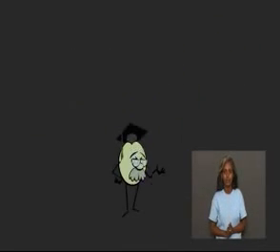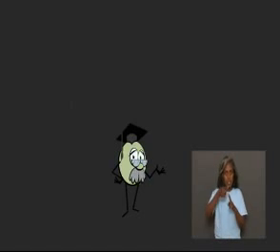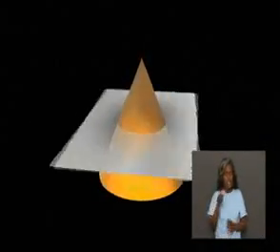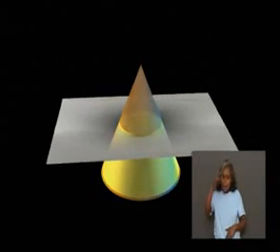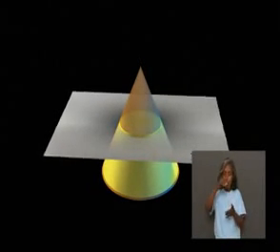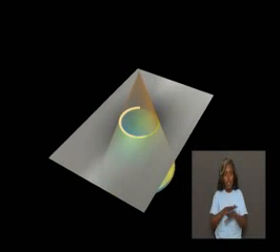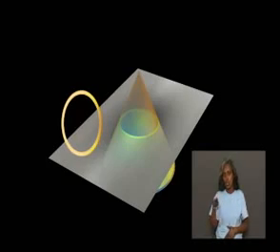Time's up! Let's get back to our lesson. Hello again, everyone. Were you able to recall the positions of the plane? Let us review. To produce a circle, the intersecting plane must cut the cone at right angles to its axis. The plane will be horizontal.